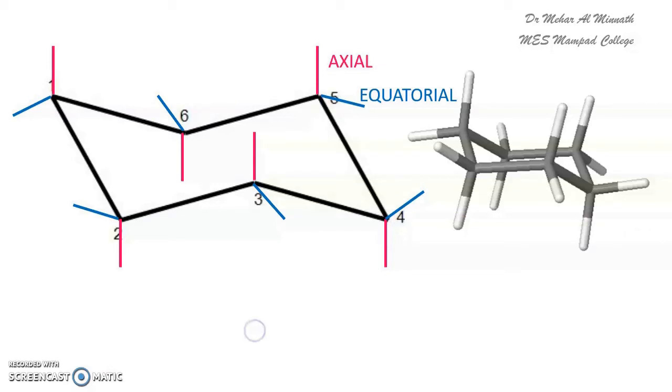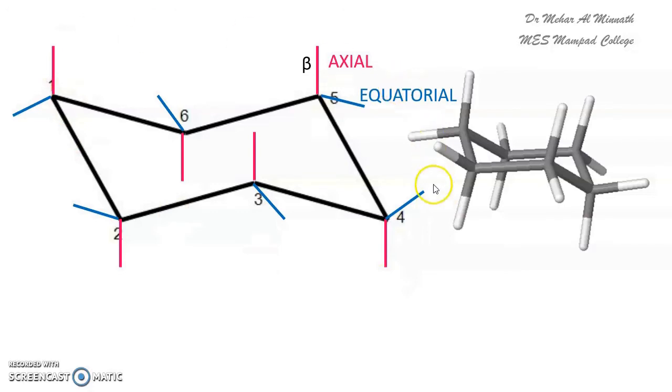Now, these bonds which are above the plane: this axial bond is above the plane, the equatorial bond on C6 is above the plane, again the axial bond on C1 is above the plane, the equatorial bond on C2 is above the plane, axial on C3 is above the plane, equatorial on C4 is above the plane.